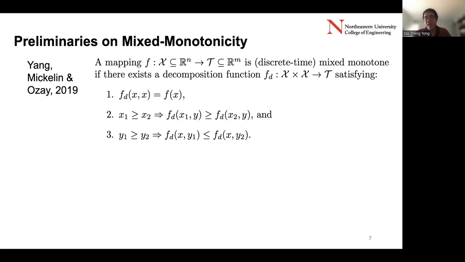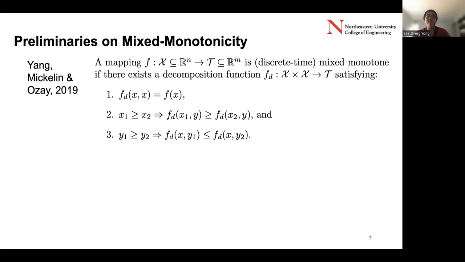So it's a 2n dimensional system that satisfies these 3 conditions. Number 1 is that this decomposition function is embedded on the diagonals, meaning that if both arguments of the decomposition function are x's and they're identical, then it will recover the original function.